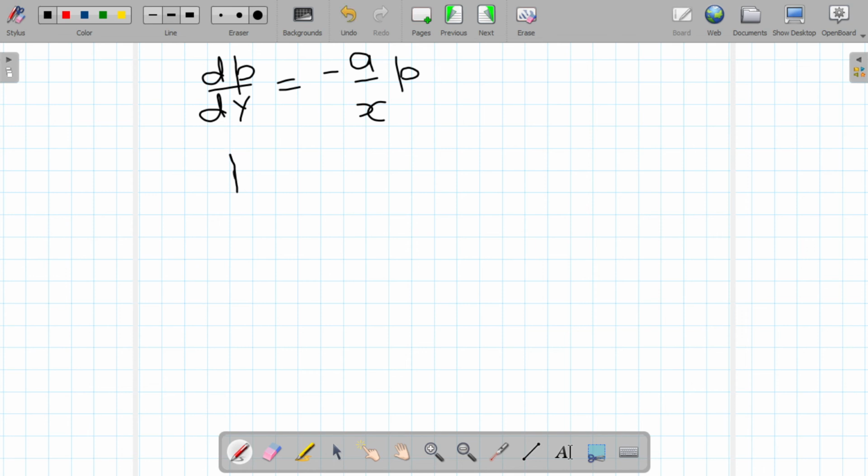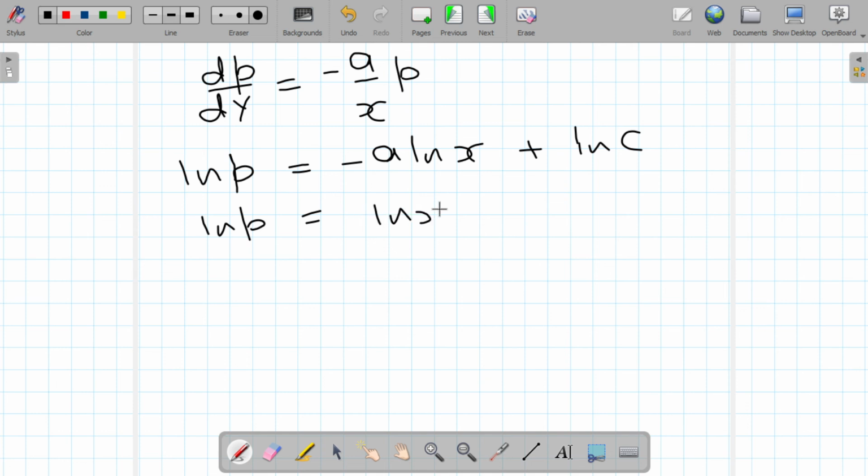So that the log of p is equal to minus a log of x plus log of c. So we've got log of p equal to log of x to the minus a. I've already done this on the previous pages, but I'd lost where I was.